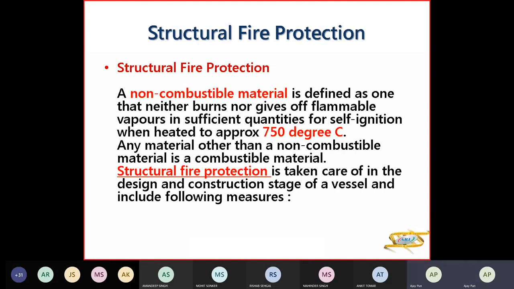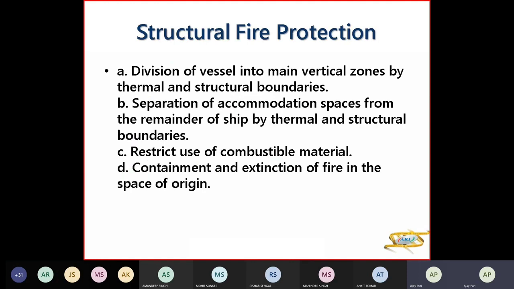So structural fire protection is the design and construction of a vessel for which we have to consider these points. One is division of the vessel into the various vertical boundaries, that is your bulkheads, and thermal and structural boundaries.